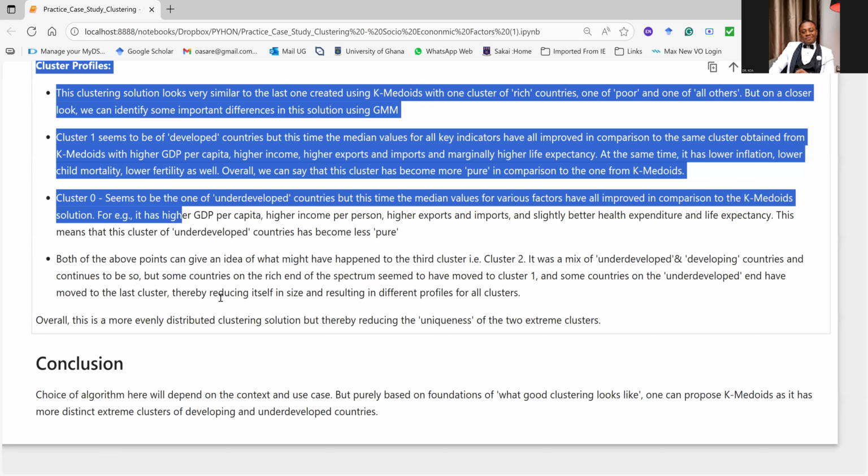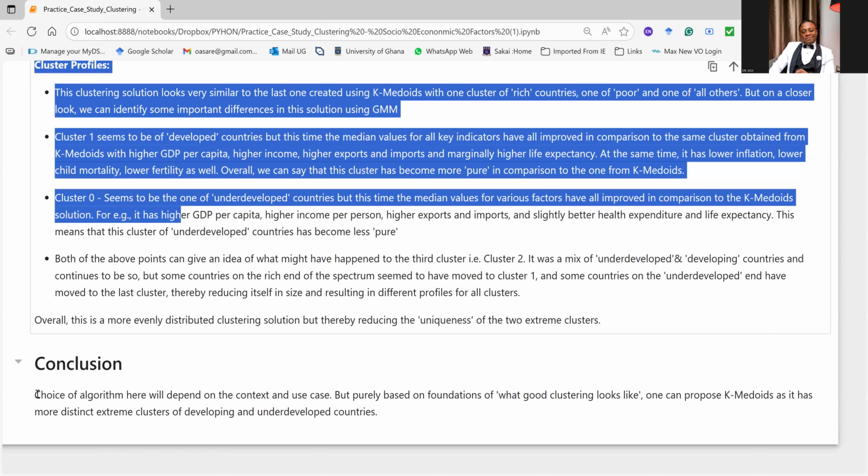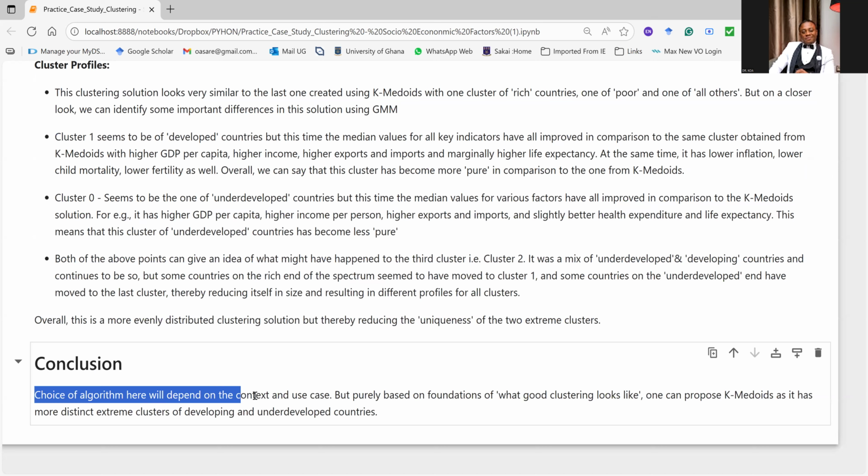It is this: the choice of algorithm will depend on the context and the case in use. But purely based on foundations of what good clustering looks like, one can propose K-medoids as it has more distinct extreme clusters of developing and underdeveloped countries in this context.